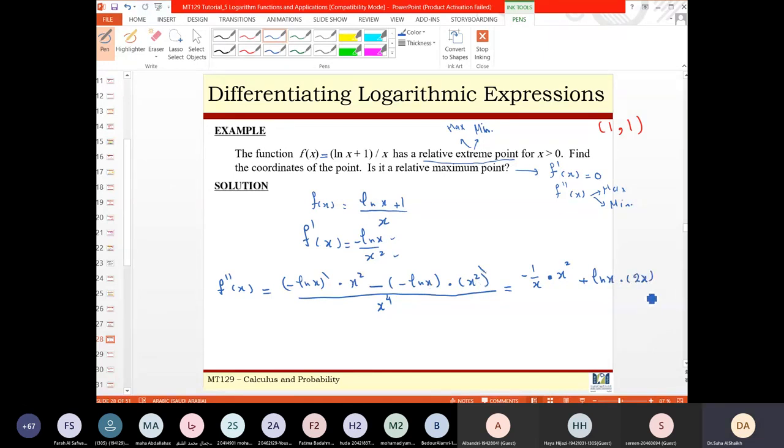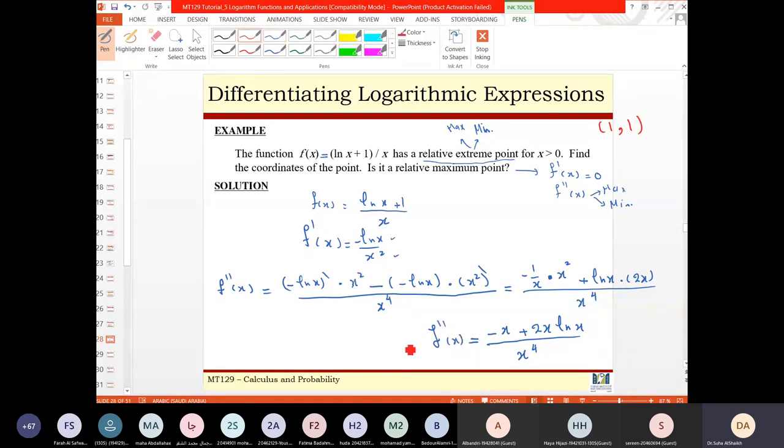It is 2x divided by x to the power 4. This is equal to minus x plus 2x ln x divided by x to the power 4. This is f double dash of x.